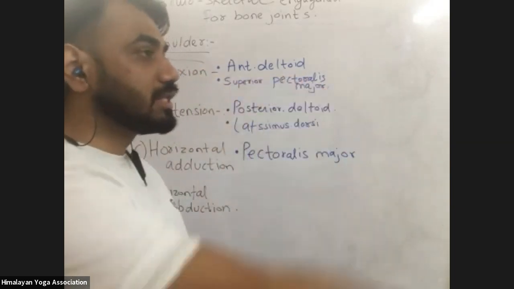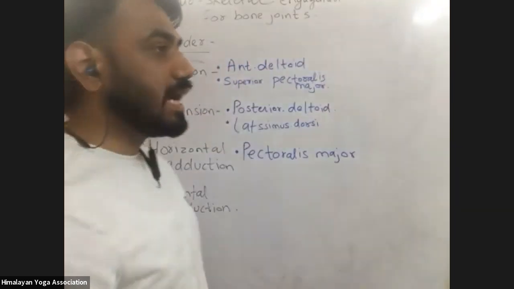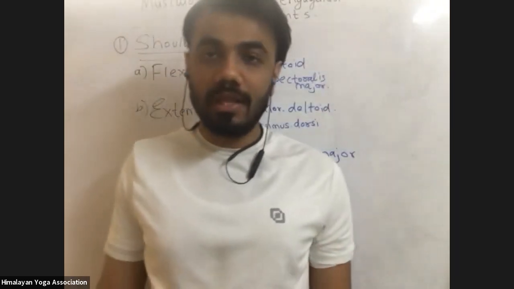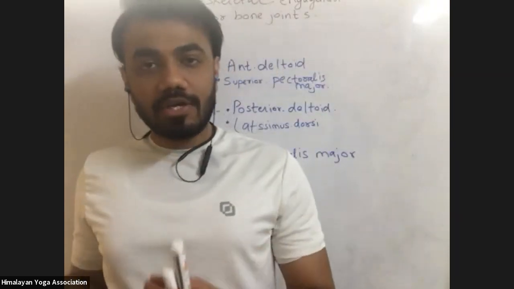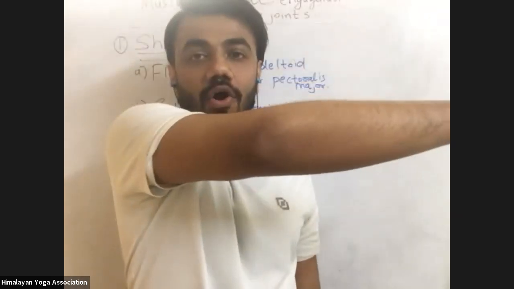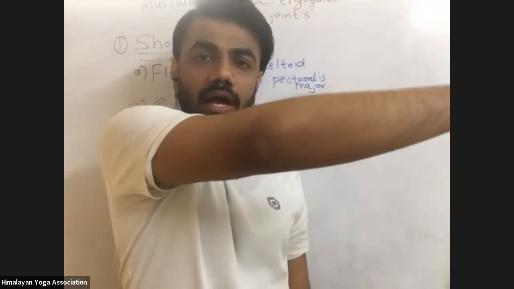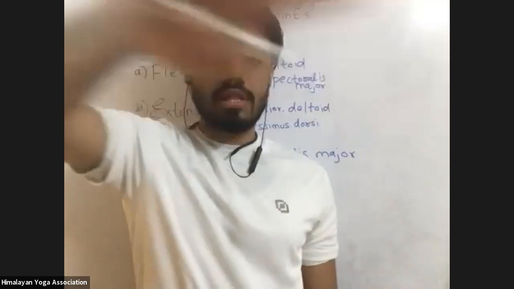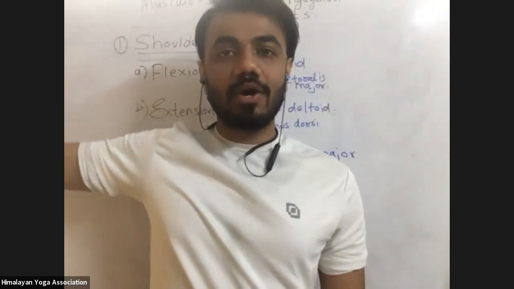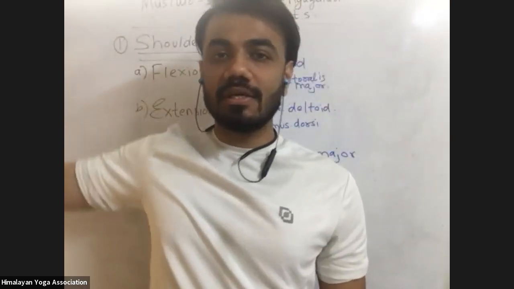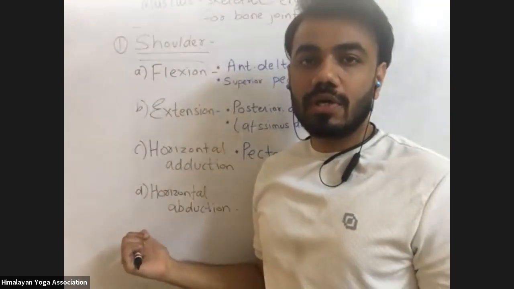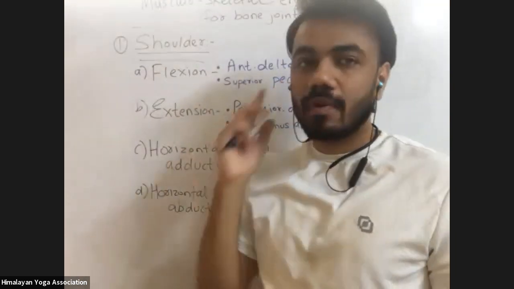Okay, shoulder flexion in front, shoulder extension at the back, horizontal adduction inside, or horizontal flexion, and horizontal abduction outside, or horizontal extension. So this is now horizontal abduction.